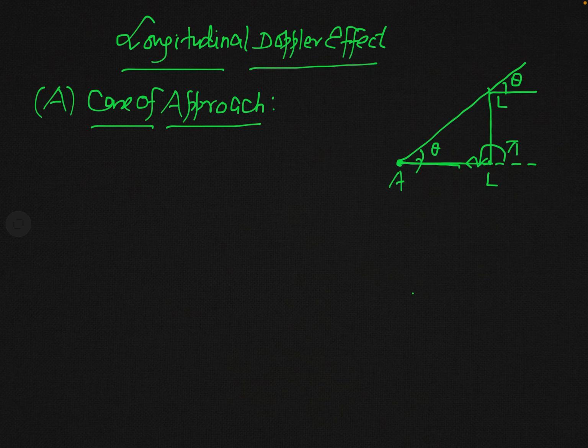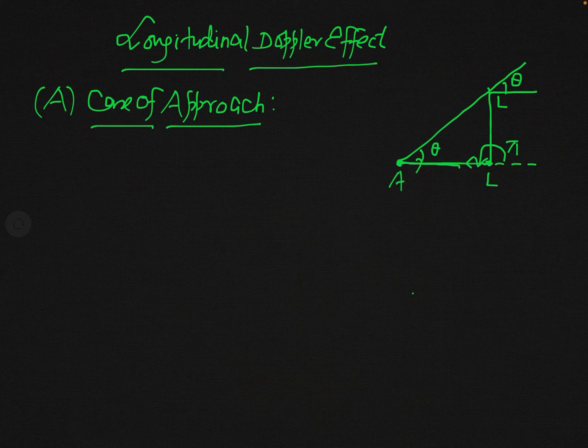But in this relativistic Doppler effect, in all the 3 cases of approach, apparent frequency and apparent wavelength will be the same, because the speed of light is independent of the state of motion of the source and the observer. It does not matter whether the source is moving towards the observer or the observer is moving towards the source, or both are moving towards one another. If relative velocity v is the same in all these three cases, the apparent frequency will be the same.